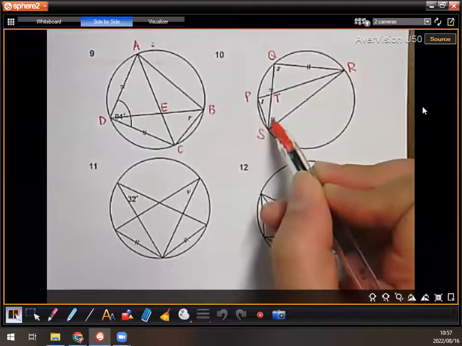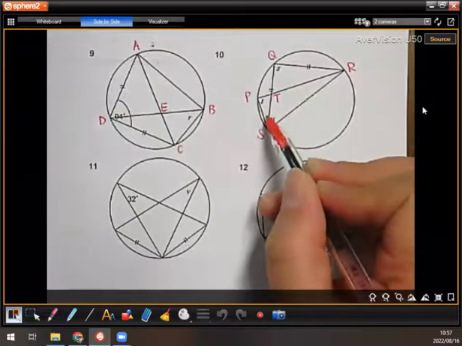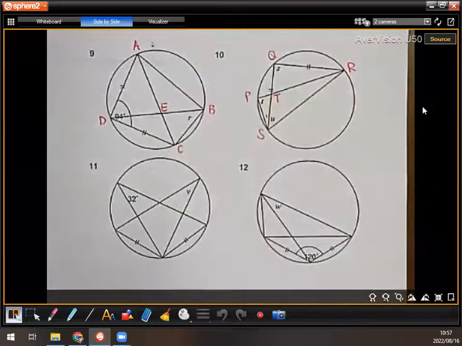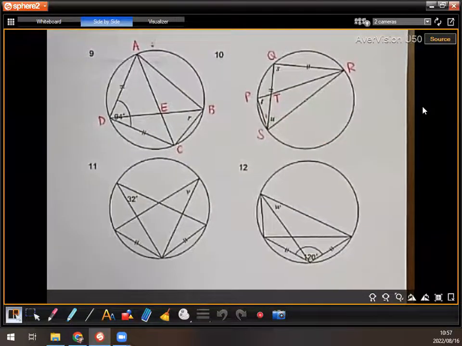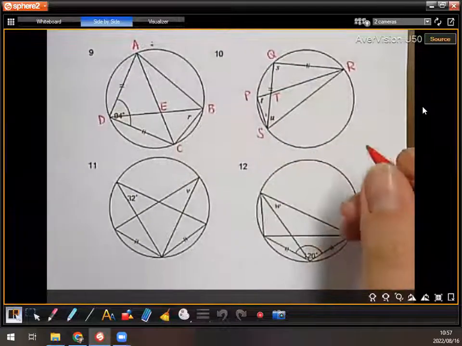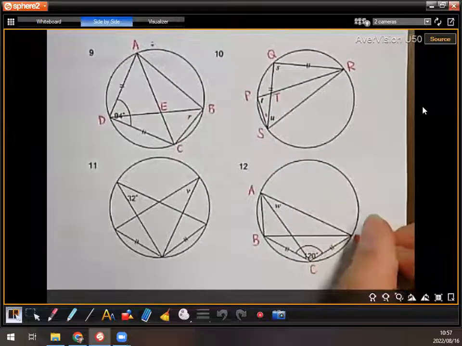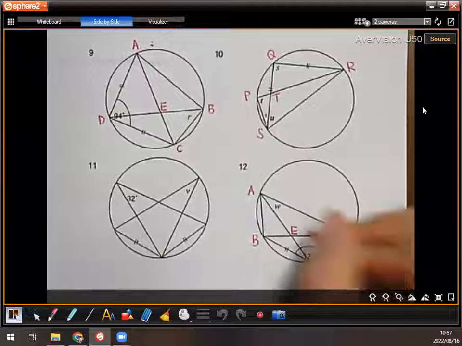You don't actually have to find this one. You can just call this one U. Just in case. For the next one, you don't actually need any letters. For this one, you might. So let's just do A, B, C, D, and then just call that one E as well.